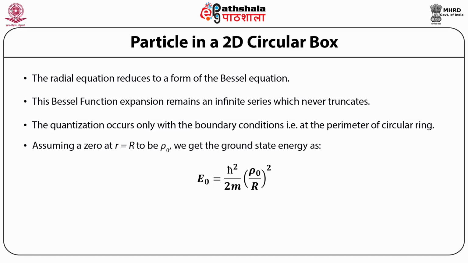So, assuming the zero at small r equal to capital R to be rho naught, then we get the ground state energy as E naught is equal to h cut square by 2m multiplied by rho naught by R the whole square, where rho naught is equal to R, the capital R, by k, which is equal to R divided by root of 1 by epsilon.